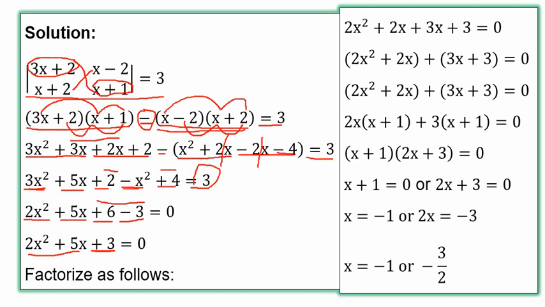So for us to get 5s, you attach s to the factors 2 and 3. That is what you have here. When you add 2s plus 3s, you have 5s. If you multiply 2 and 3, you have 6. That is the product of A and C.